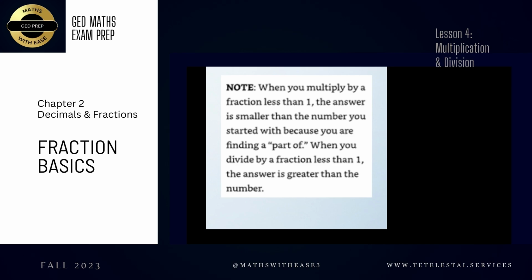When you're multiplying by a fraction that's less than 1, the answer should be smaller, because you're finding a part of something.